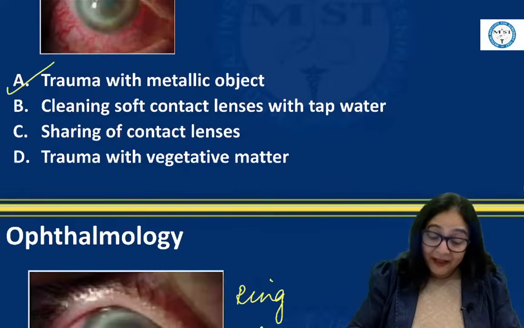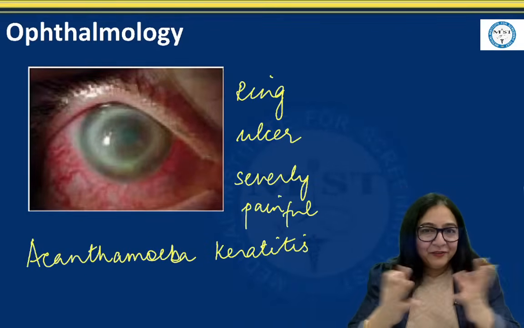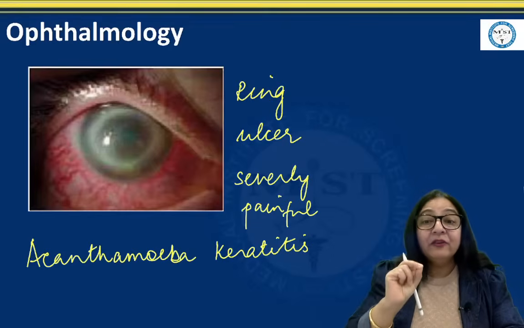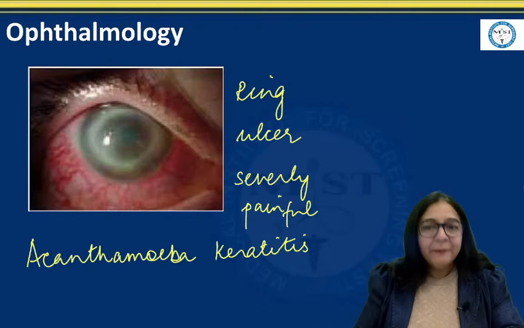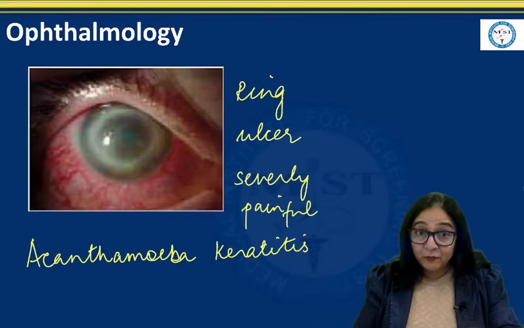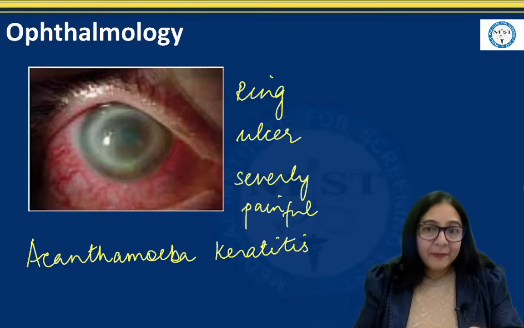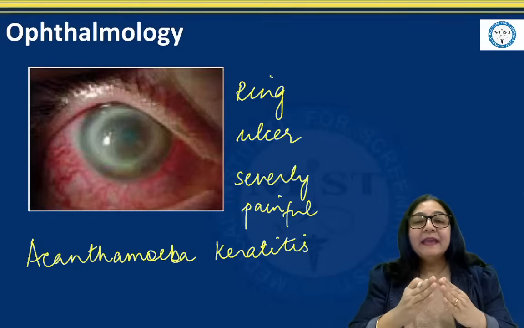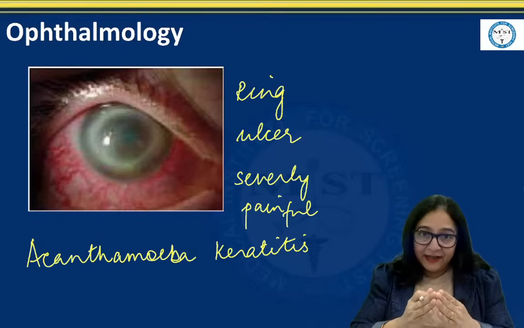Very good, I'm very happy that all of you are remembering all the key points. Now, let's revise two more things related to acanthamoeba, which came in your last INI CET exam as well. To confirm the diagnosis of acanthamoeba keratitis, we always take a corneal smear and do a culture of the organism.